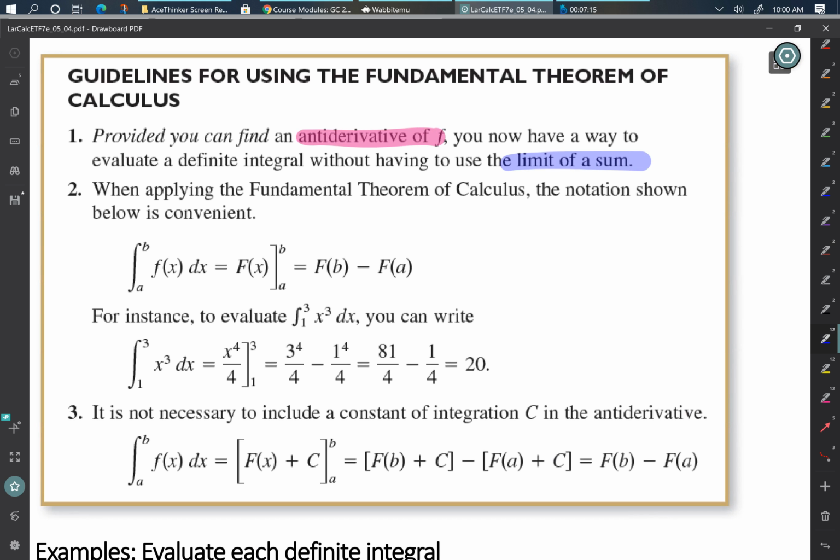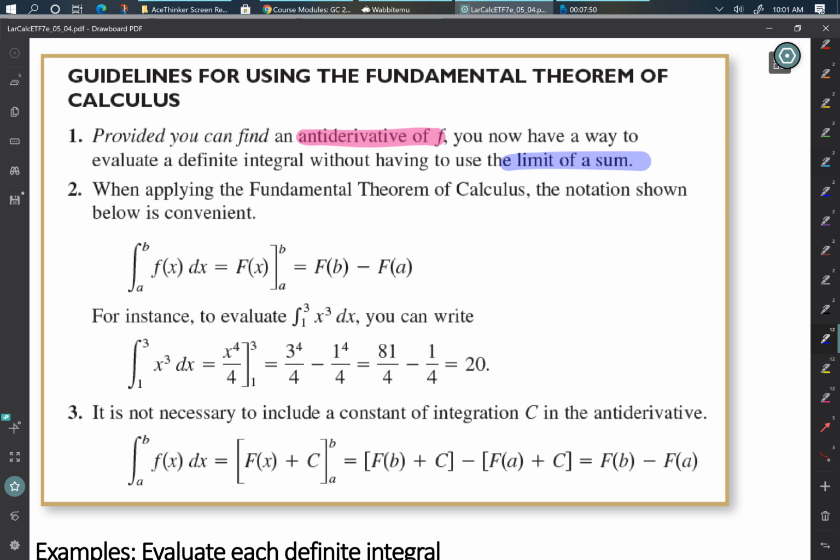Remember way, way back, all the way back to the first part of the book, when we did derivatives for the first time. Right? And we started applying all those rules for taking a derivative. We said, hey, if you cannot find a derivative of a function, then what you must do is take that limit business.